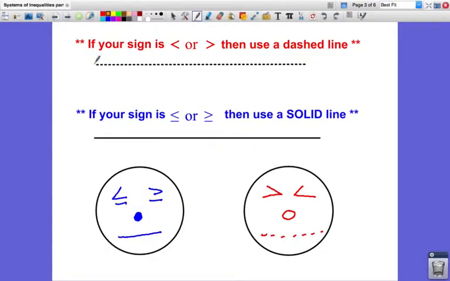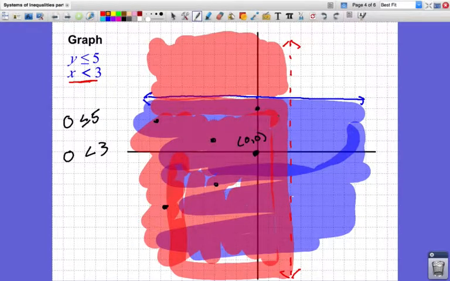We also make sure we use a dashed line if it is less than or greater than, and we use a solid line if it's less than or equal to or greater than or equal to. And then our solution is always going to be the section where our shadings overlap once we graph our two inequalities on the same coordinate plane. If we graph two inequalities where their solutions overlap each other, which there should be multiple solutions, that is your solution to the system of inequalities.